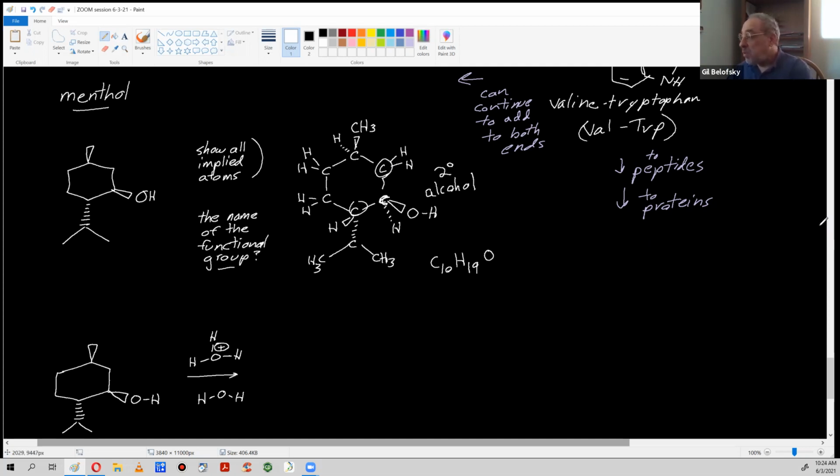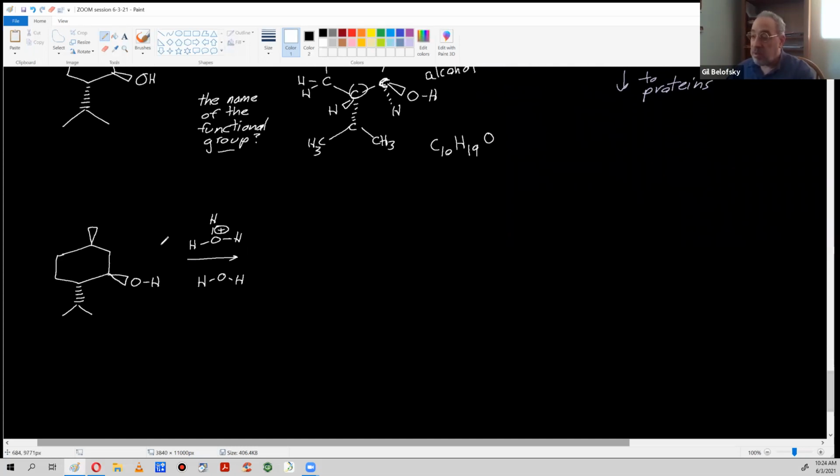We should be able to predict reactions of menthol. Back in the alcohol section, we saw that alcohols can be protonated easily in aqueous acid. So recall that whether you have sulfuric acid or hydrochloric acid or whatever, if it's in water, essentially you're forming a hydronium ion like this as the reactive species.